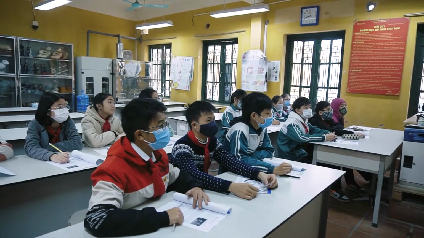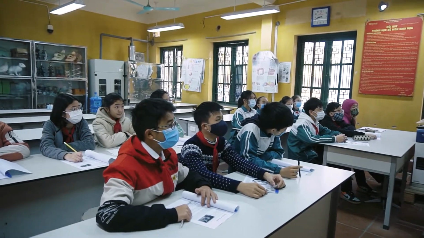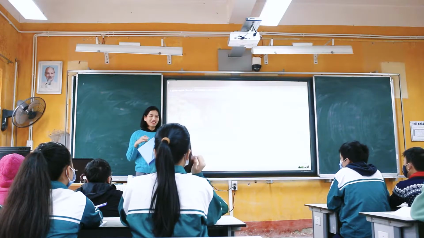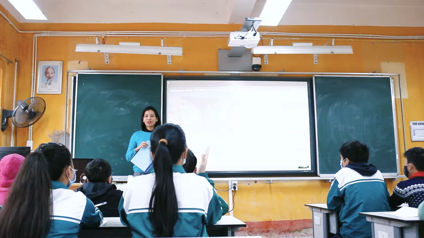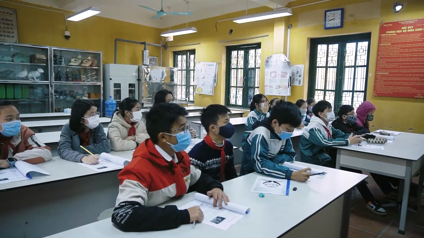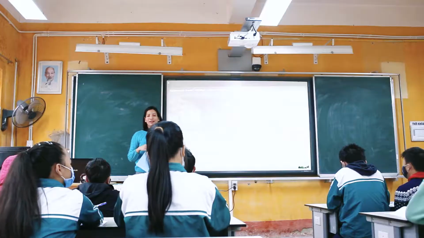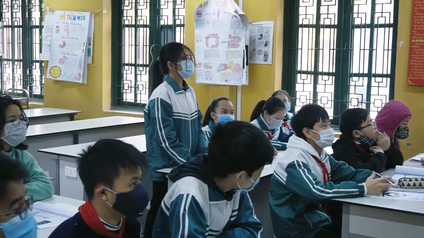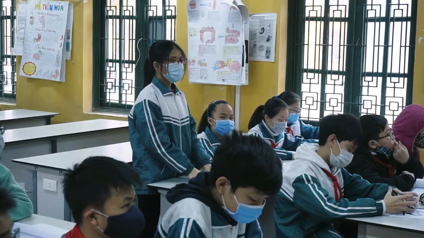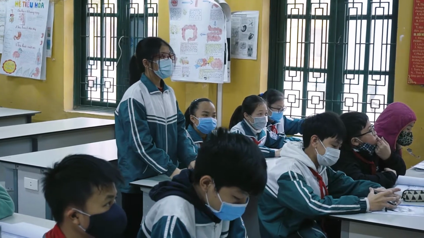Yes. And who can volunteer to answer my question? How do floods affect human life and the environment? Giang, please. The floods make people in Vietnam have no food, and live over in water. Yeah, thank you. Sit down, please.